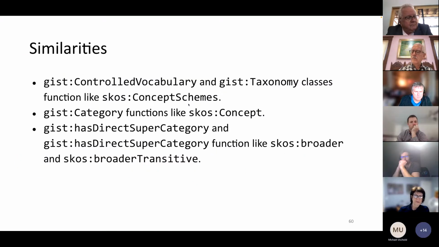So the similarities: just controlled vocabulary and just taxonomy classes function like SKOS concept schemes, just category functions like SKOS concept, and these predicates for super categories function like SKOS broader.